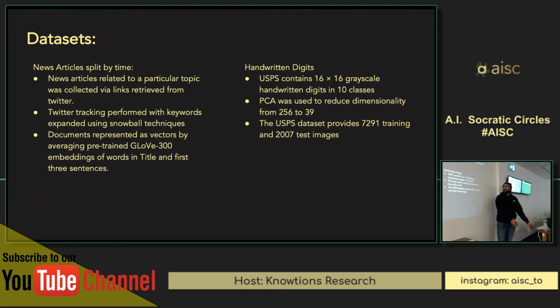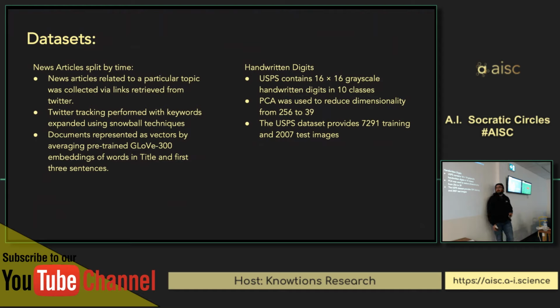For the other part, the real world data set, they collected news articles from Twitter. They created a bot that monitored Twitter, and whenever it saw a news link related to something, it went in and fetched that. They used a technique called snowballing: start with a keyword set of size K, and when I get a new document, I extract the most important keywords from it using some method and add those new keywords to the keyword set we're already tracking.